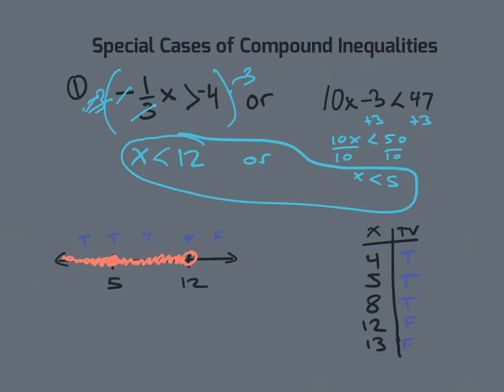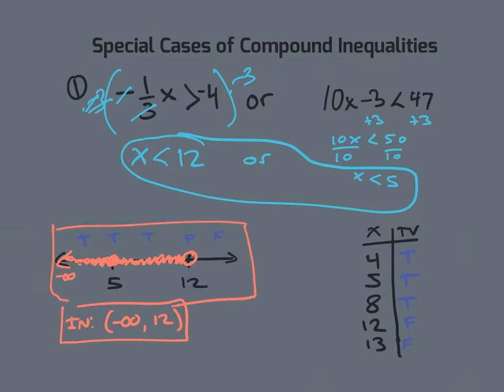So when I do my interval notation, I know I have a filled-in circle at 5, but because it's shaded on both sides of it, I don't have to write an interval for 5. This is just one big shaded section. So I'm going to go from negative infinity on the left, comma, all the way up until 12. 12 is an open circle, so it's a parenthesis. So there's my interval notation answer and my number line.